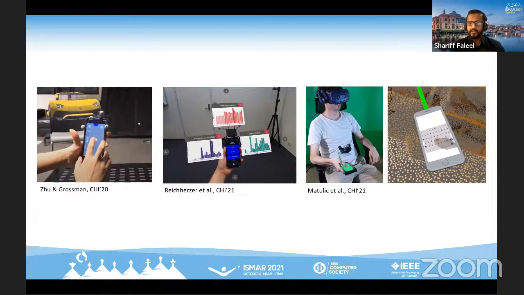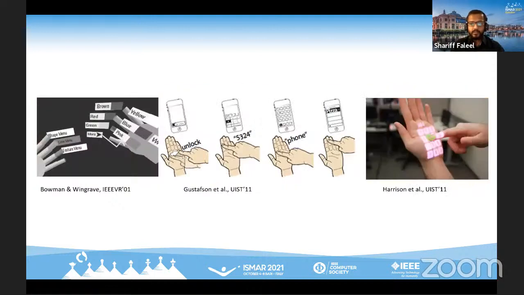So you can easily transition between interacting with these menus on your HPUI and interacting with the world. The idea of displaying UI elements on your hand and interacting with them is not new, but not many previous works have actually considered single-handed interactions while also displaying and interacting with elements. So that is where our paper is positioned.